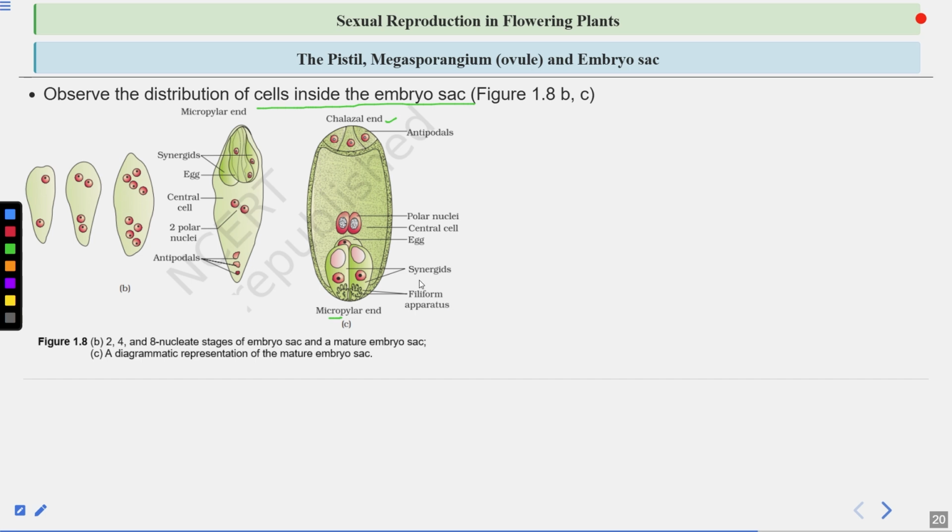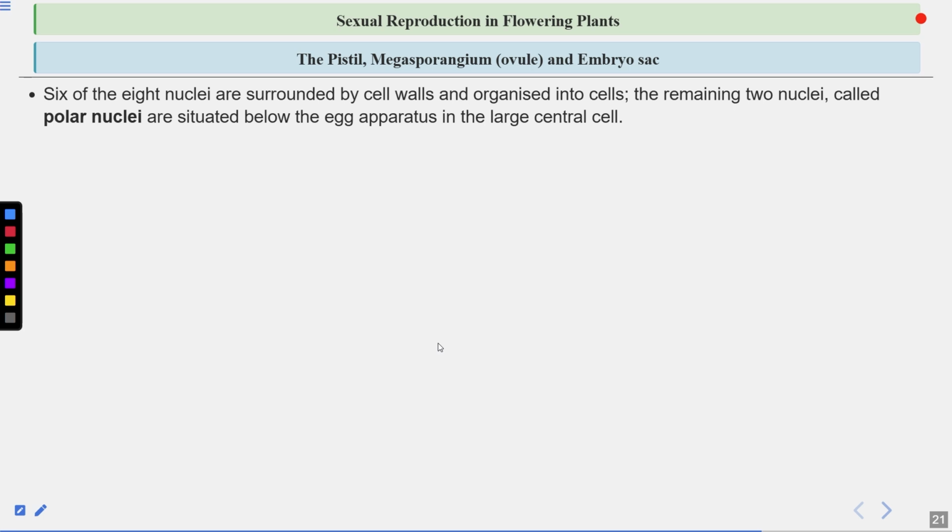At the micropylar end, you can see 1 egg in the center surrounded by the 2 large synergid cells, and these synergid cells also have the filiform apparatus. 6 of the 8 nuclei are surrounded by the cell wall and organized into cells. The remaining 2 nuclei, called the polar nuclei, are situated below the egg apparatus in the large central cell.